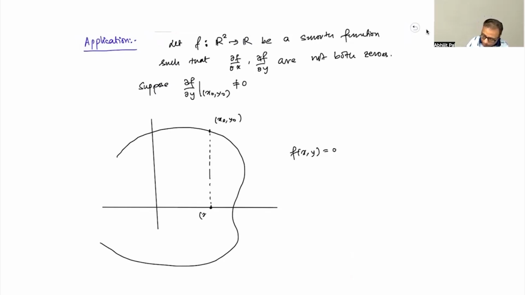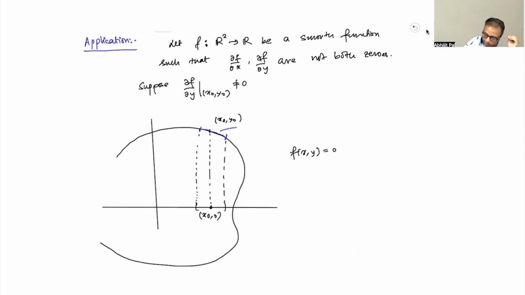Okay. All right. So if I now take this point, it will be (x0, 0) on the x-axis. So by the implicit function theorem, you can have a small open neighborhood of this point (x0, 0), and you take the corresponding portion here. This small portion will be a graph of a function.